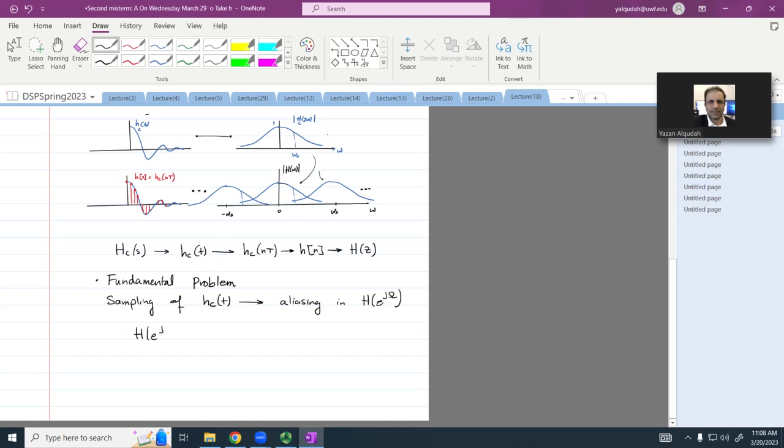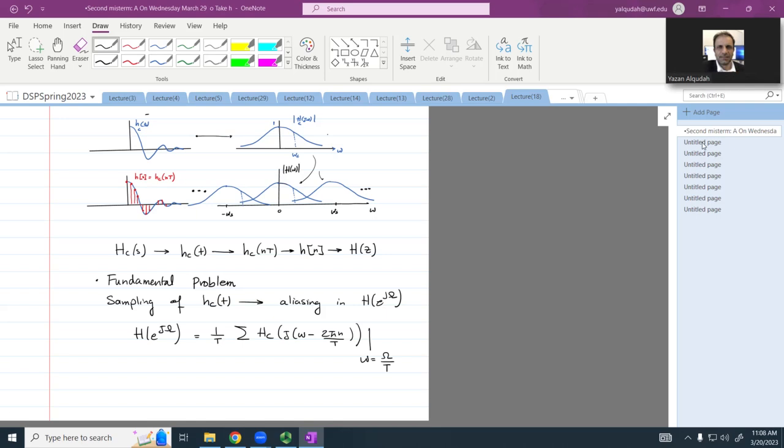Remember, h of e to j omega is equal to 1 over T, the summation of Hc of j of omega minus 2 pi n divided by T, and we replace omega with omega over T. When we sample, the spectrum is going to start repeating, and that repetition is going to result in the aliasing. Okay.